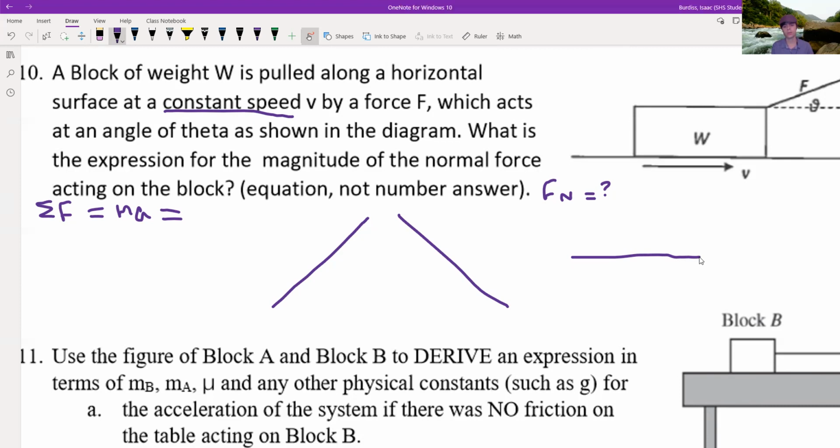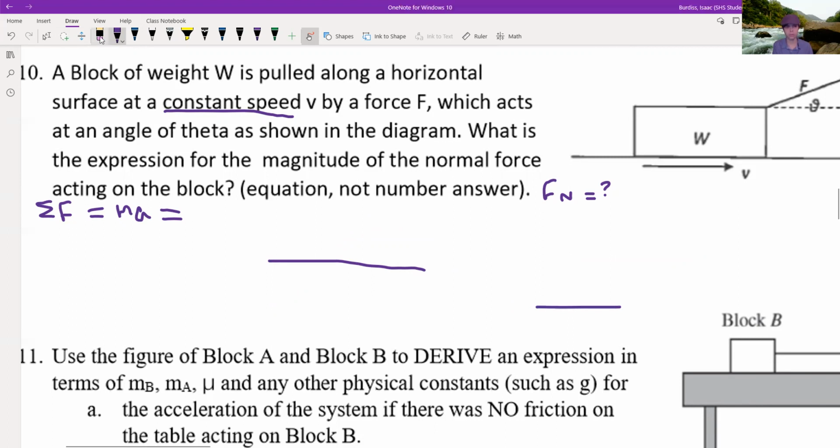Oh, wait, I said something wrong, sorry. Constant speed means that it is the same value, and it doesn't have a slope, which means the slope is 0, so acceleration is 0, sorry. So that means this equals 0.